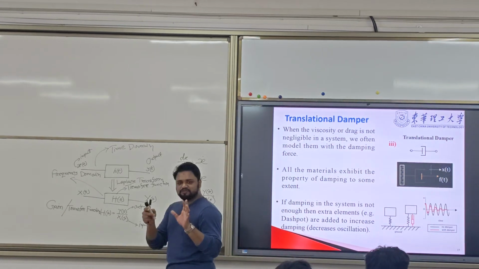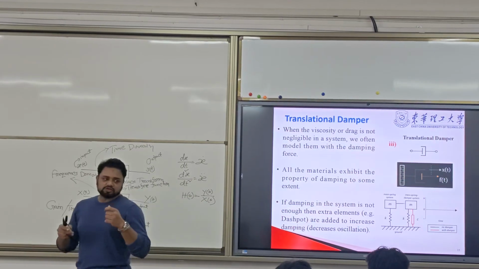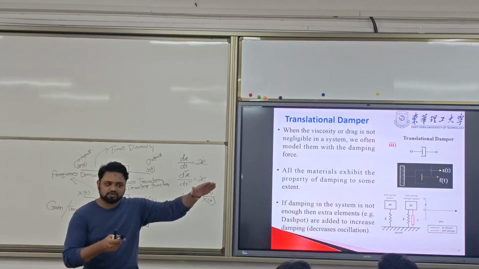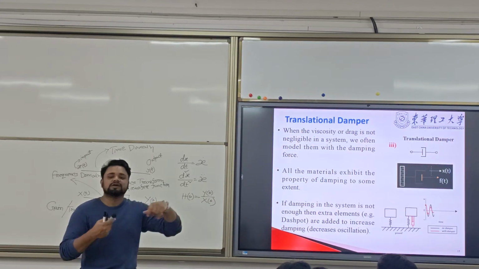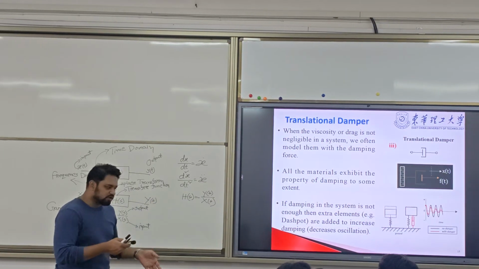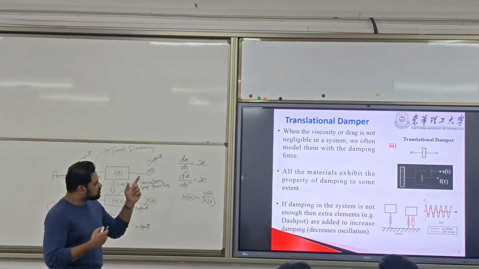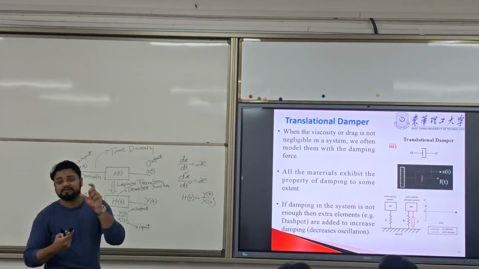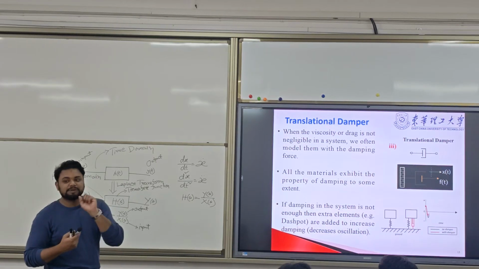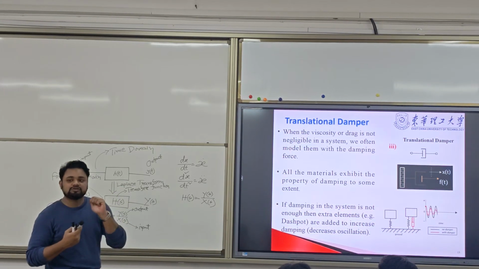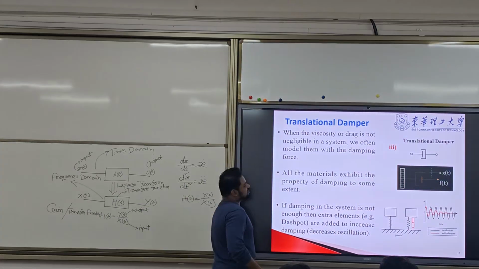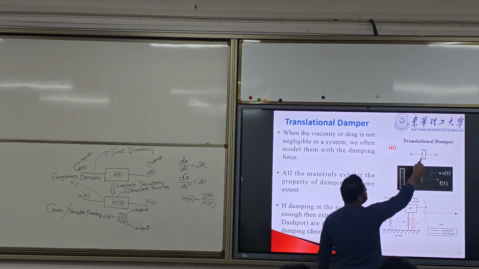No plane is frictionless. When there is a velocity, something is going on, there will be friction. Because of that friction, there will be a damping force. That's why we need to use a damper. We call this symbol a damper.